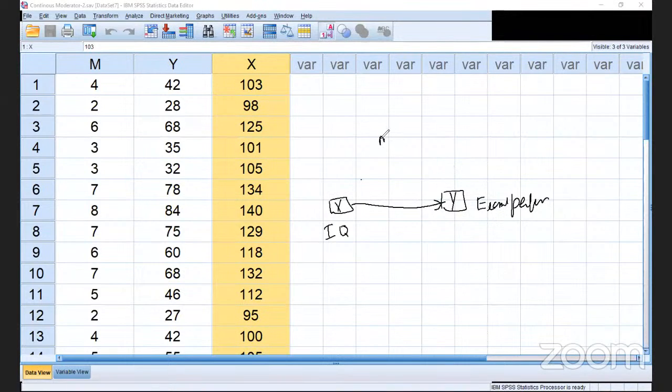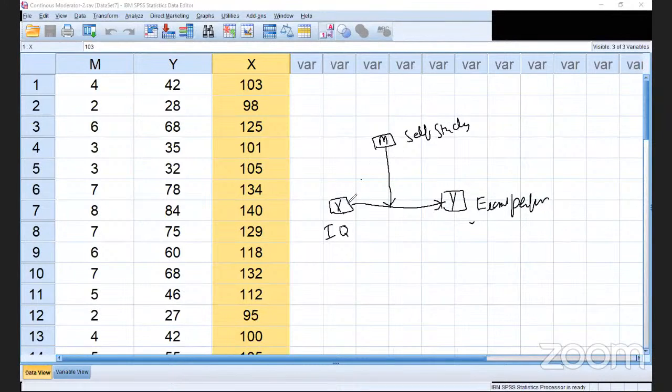Another variable, m, is self study. Self study may influence the relationship between y and x. If your IQ level is high, there may be a possibility that your performance is good. But another variable also moderates this relationship. If you devote more time to self study, your performance may be good.